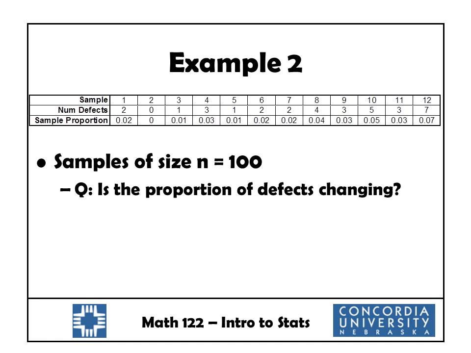So here's some data. We got 12 different samples. The first sample we had 2 defects, so the sample proportion is 2 divided by 100, which is 0.02. Second batch we had no defects, so the sample proportion is 0, etc. The question we want to analyze is the proportion of defects changing?